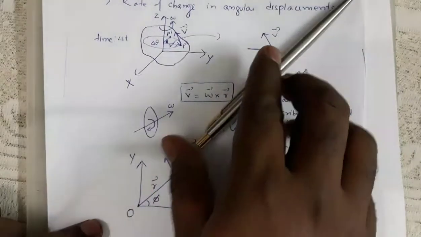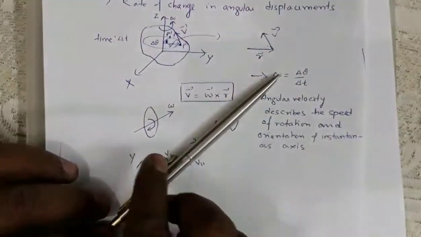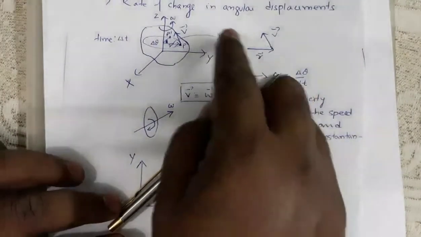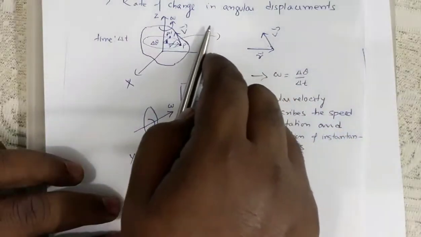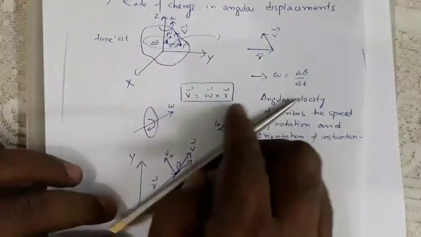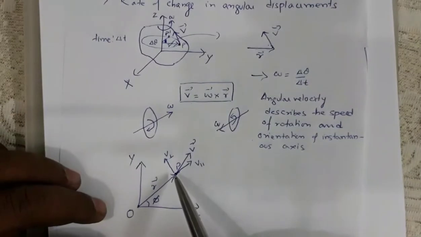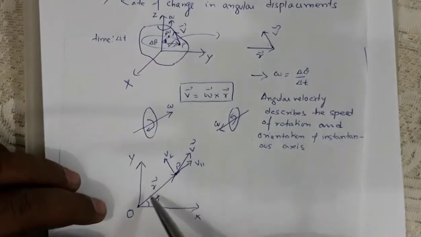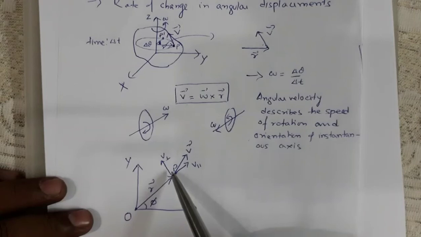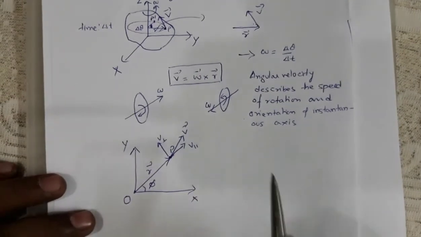It will just move in this direction, so there is no rotation. But if this point is given some velocity in this direction, it will give rotation. So only that component of velocity which is perpendicular to the position vector r will provide the angular velocity.